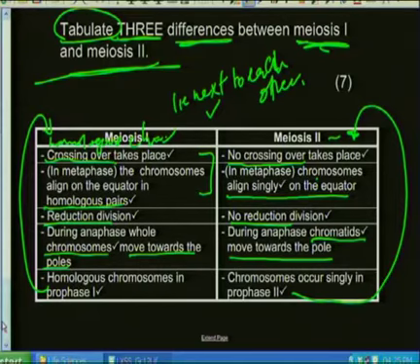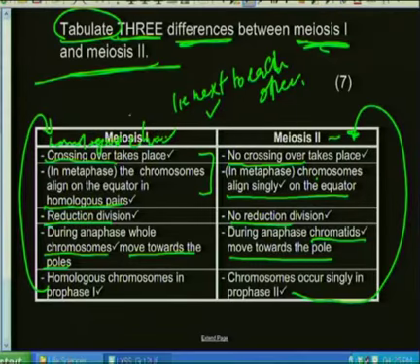Now, this second part, believe it or not, is very similar to this question. However, you're writing an essay, so you're not going to put it in a table. Why do I say this is very similar to this? Because meiosis 1, meiosis 2, the differences.